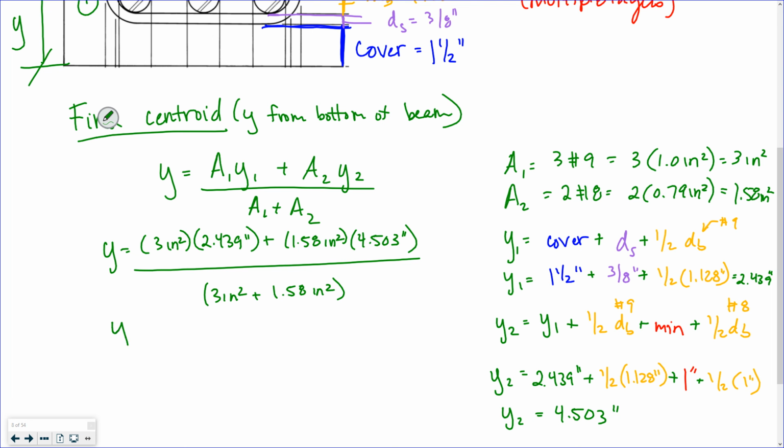So the distance from the bottom should be 3.15 inches.